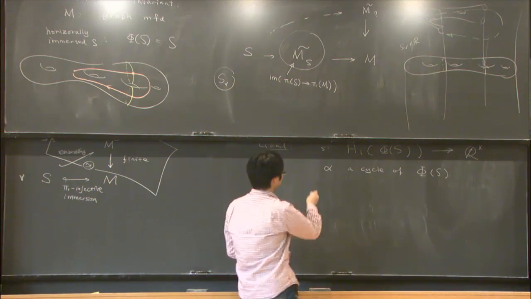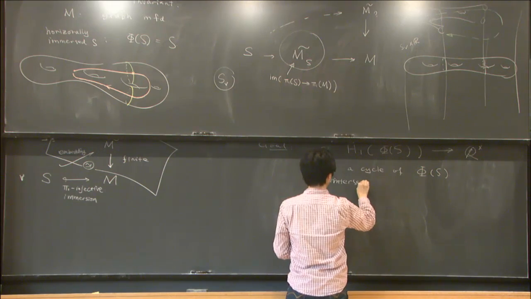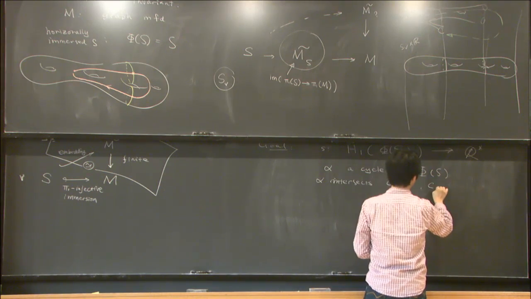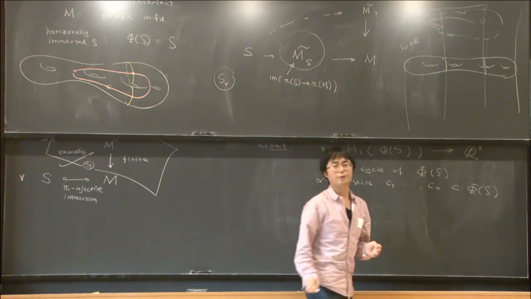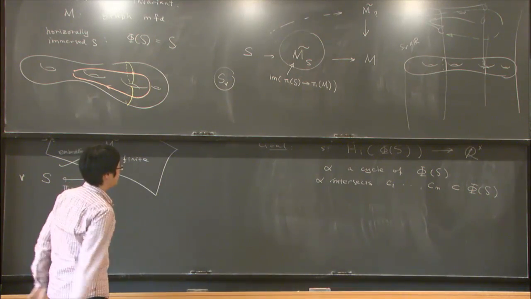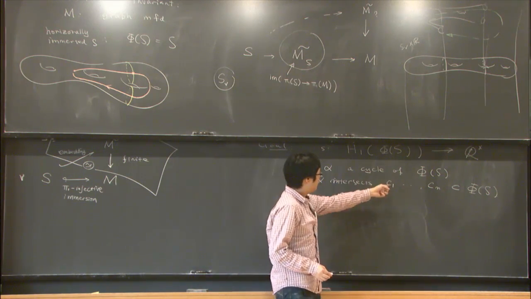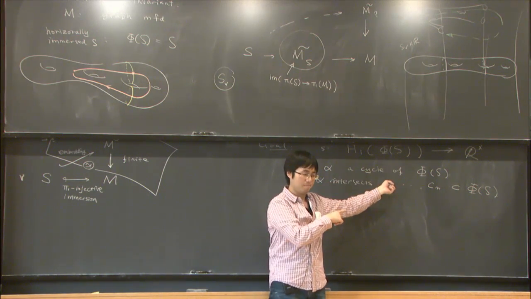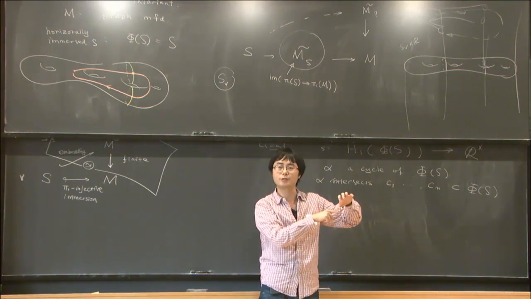Okay, so let's say C1 to Cn inside phi of S are just the decomposing curves coming from the JSJ decomposition. What's the image of this curve C inside the 3-manifold? It just sits on some JSJ torus.